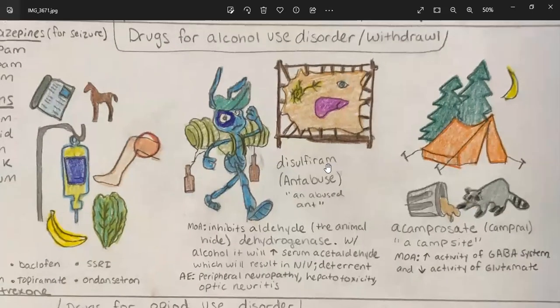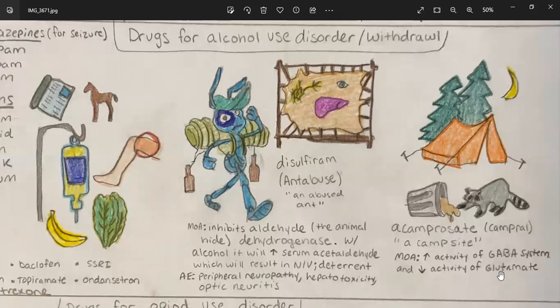And then another drug for alcohol use disorder is acamprosate. So we have a campsite. And the MOA is that it increases the activity of GABA and decreases the activity of glutamate. So again, we have some garbage for increasing GABA and then decreasing glutamate.